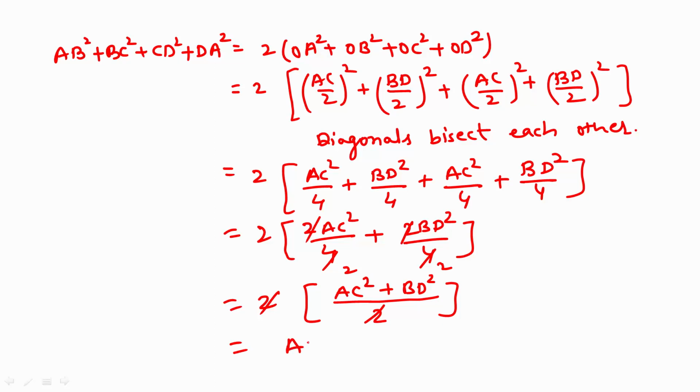This will be equal to AC square plus BD square. So in a rhombus, the sum of the squares of the sides is equal to the sum of the squares of its diagonals.